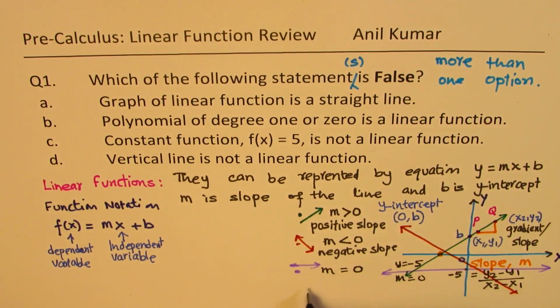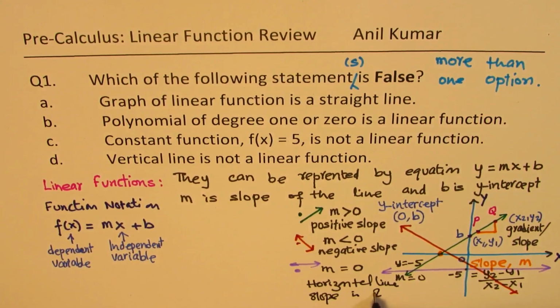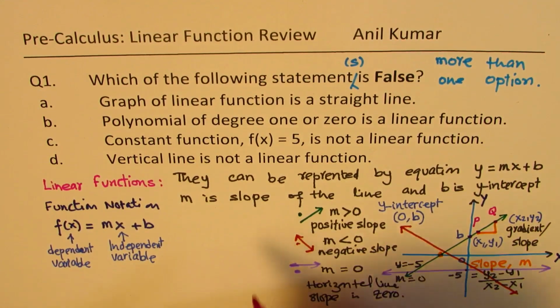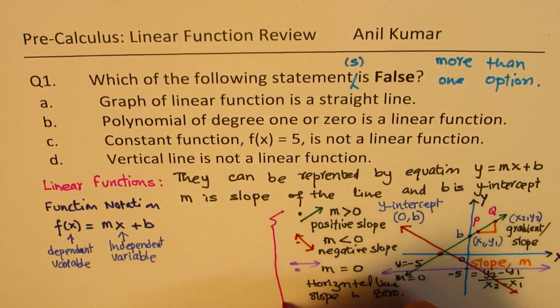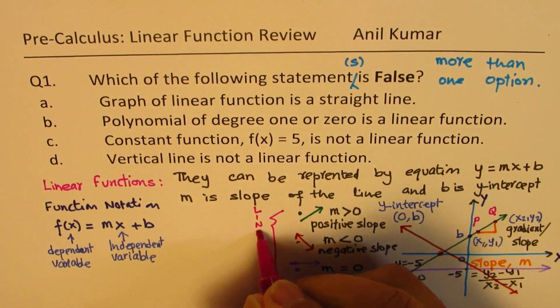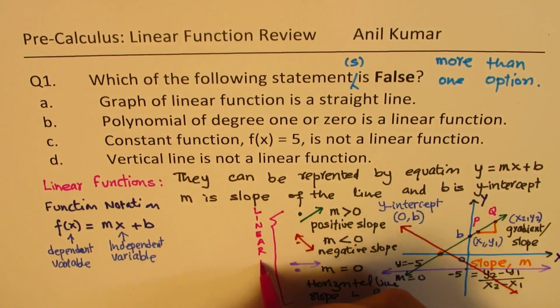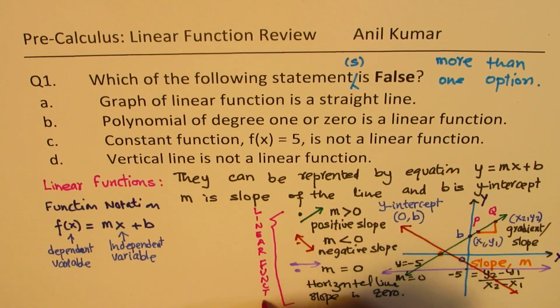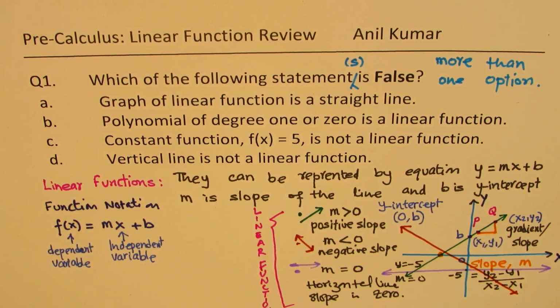So for a horizontal line, slope is 0. Now these are all representative of linear functions. Okay, these are all linear functions.